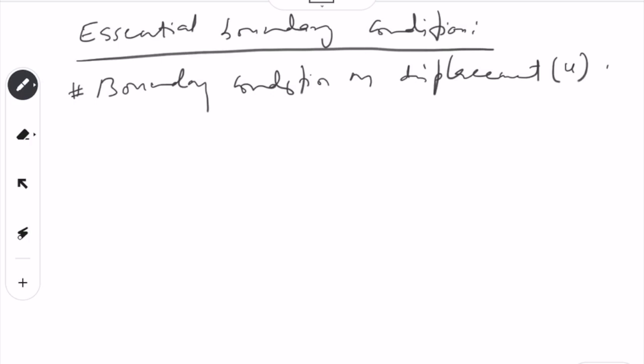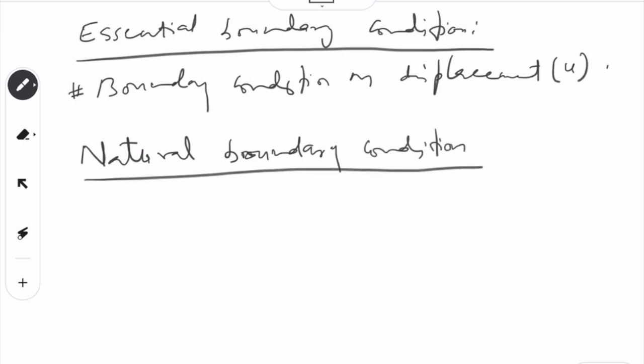Next is what is called the natural boundary condition. And what is the meaning of that? This is the boundary condition of the force term, basically.